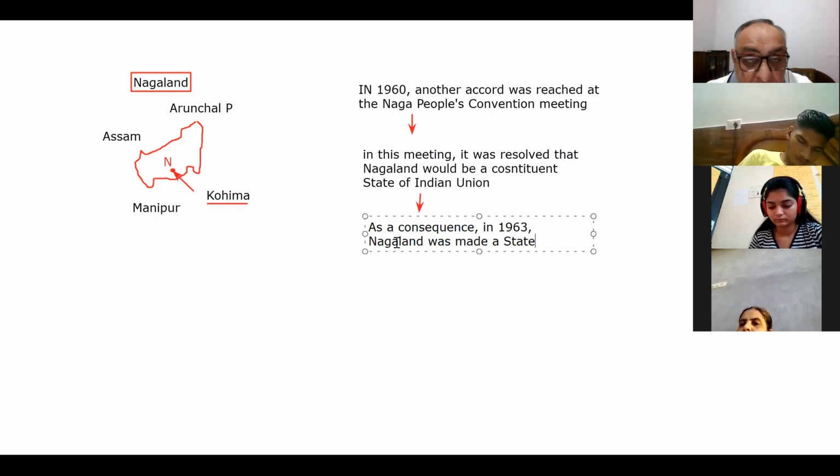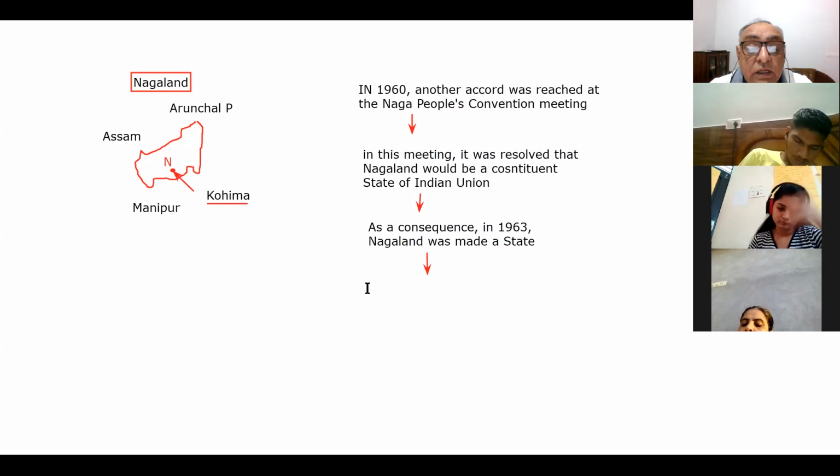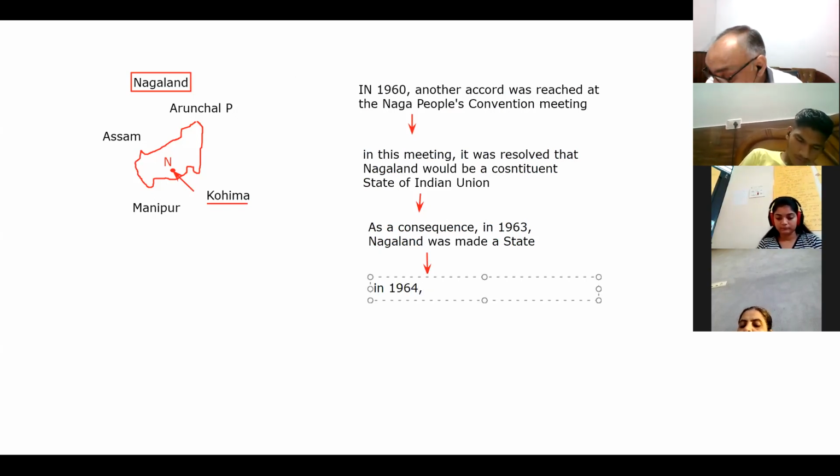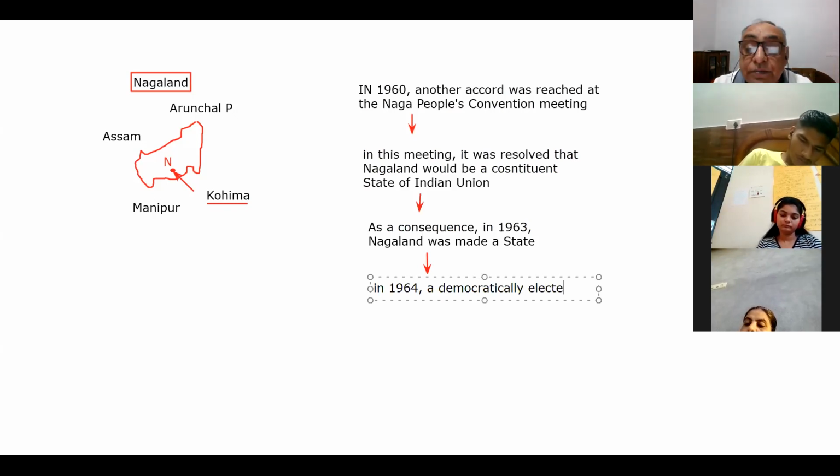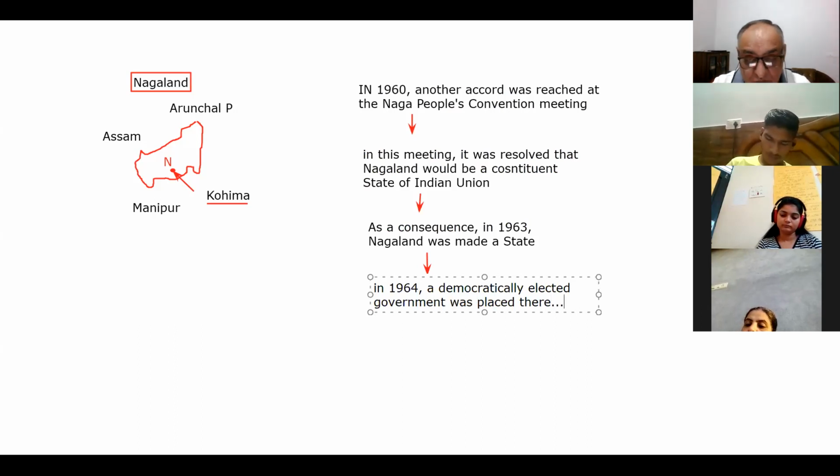And then in 1964, a democratically elected government was placed there. वहाँ election हुए और democratic government वहाँ पर place कर दी गई.